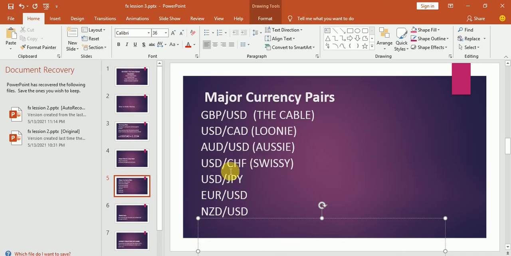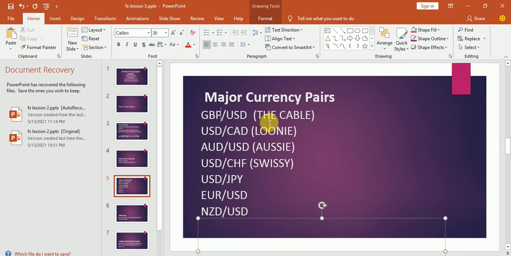US dollar and Swiss franc is known as Swissy. All these ones might have other nicknames, but I don't really know about them. So when you hear the cable currency pair, they are talking about this currency pair, and so on and so forth.